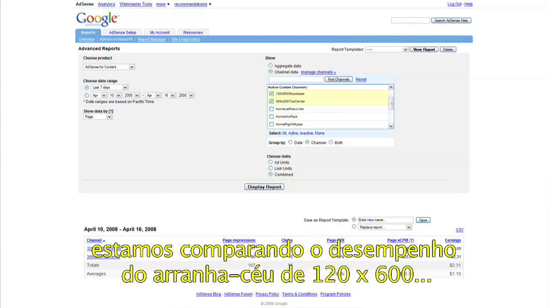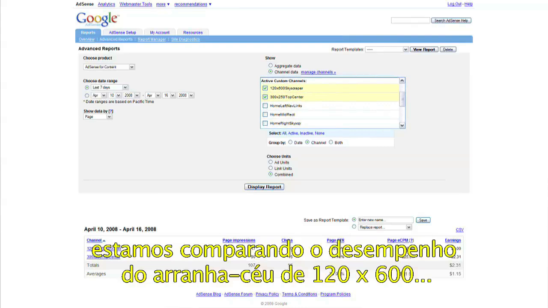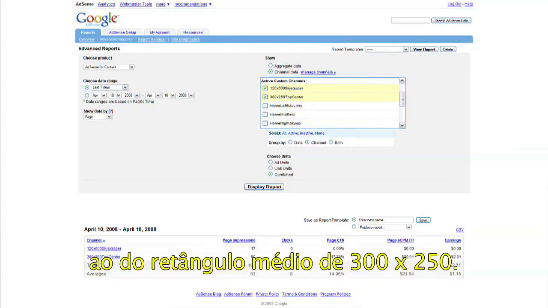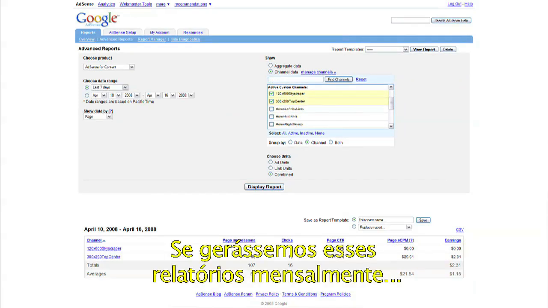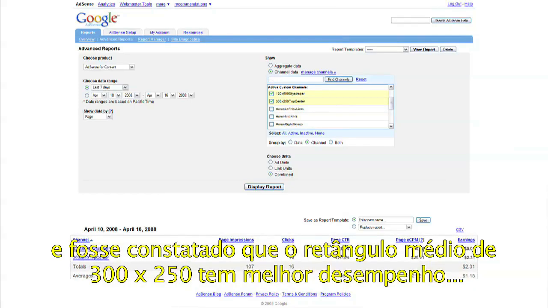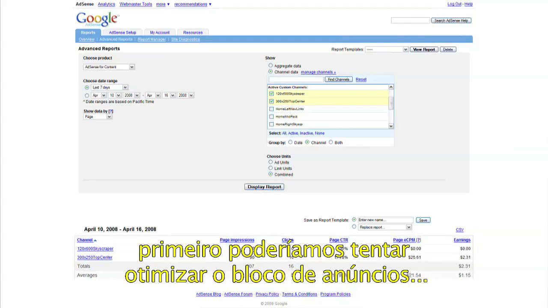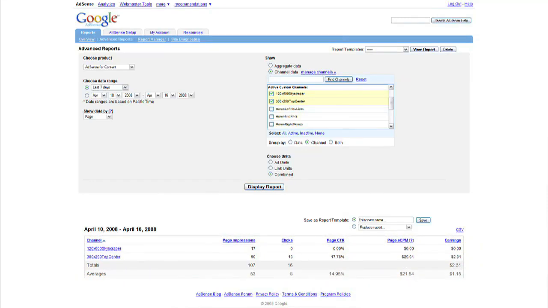In this example, we are comparing the performance of your 120 by 600 skyscraper against a 300 by 250 medium rectangle. If we were to run these reports over a monthly time frame and see that the 300 by 250 medium rectangle is performing better, we may try first ad unit optimization as discussed by Tim.